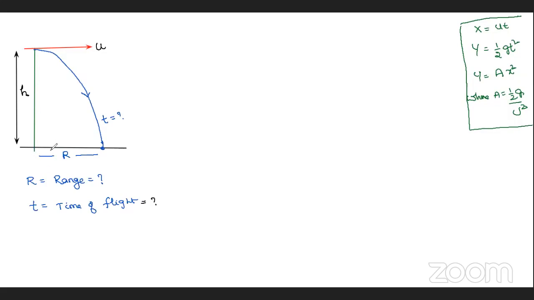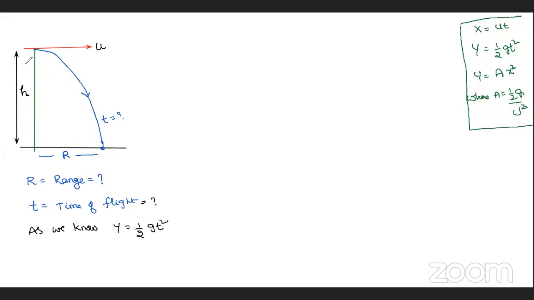H is the vertical displacement or horizontal displacement? Vertical. For vertical displacement, you already know the formula, na? Why don't you use this formula here? As we know, y equals half gt square.